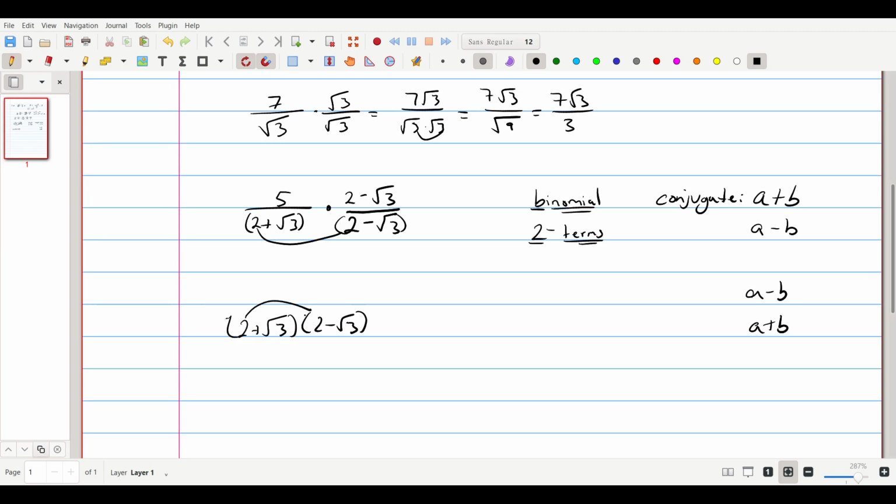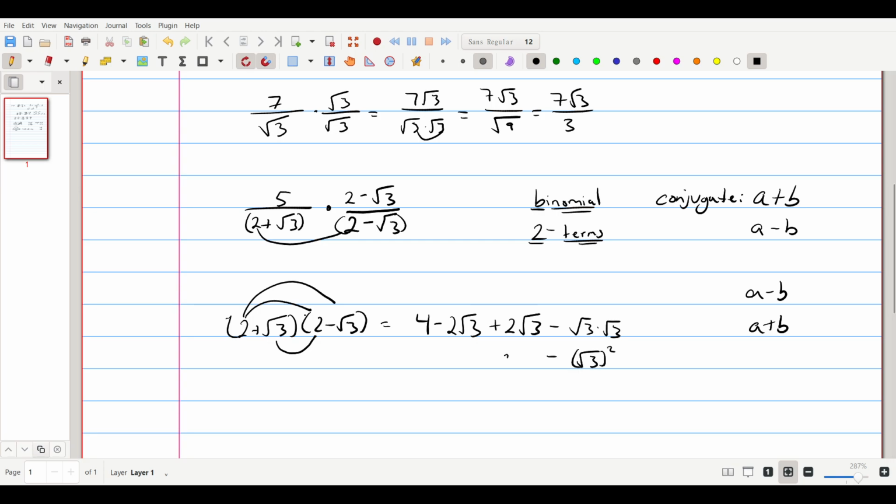Okay, 2 times 2 gives us 4. 2 times negative square root 3 gives us negative 2 square roots of 3. Positive root 3 times positive 2 gives us positive 2 root 3. And then positive square root of 3 times negative square root of 3 gives us negative square root of 3, right? But we have 2 of them. So we can write this as negative square root of 3 squared.